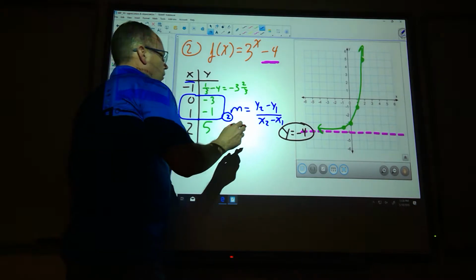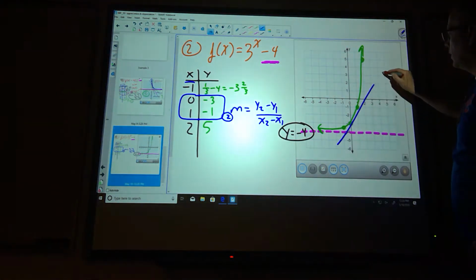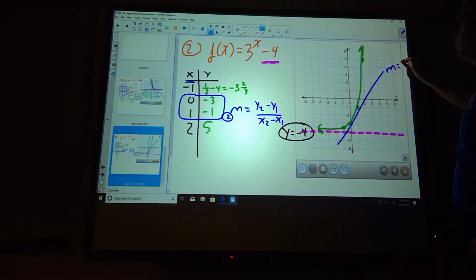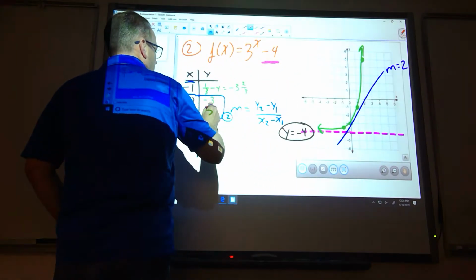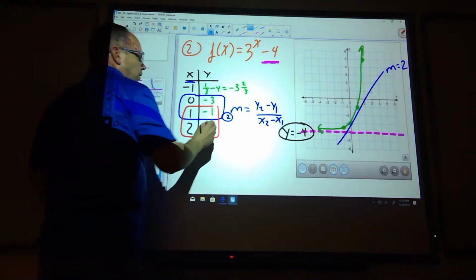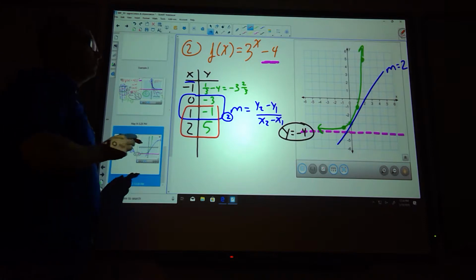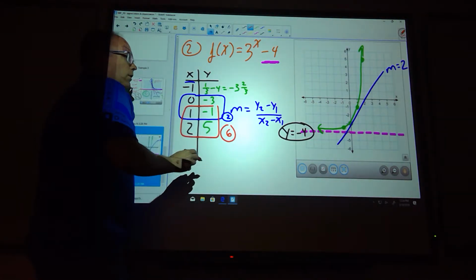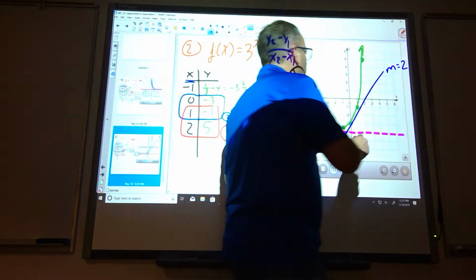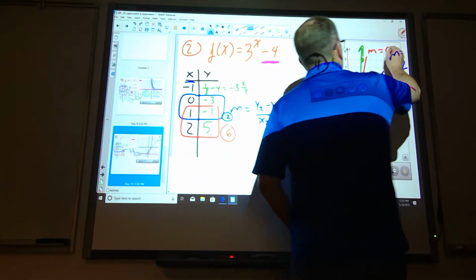So from 0 to 1, we have this slope. And then they wanted to know what's the rate of change here. So 5 minus 1, that's 5 plus 1, that's 6. And 1 minus 2, oh, that slope is 6. That's pretty steep.